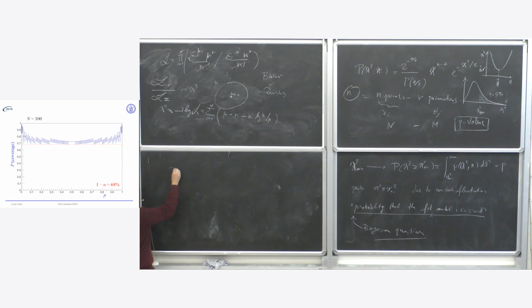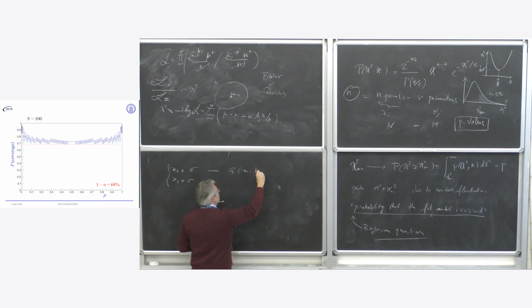Imagine you have x1 plus or minus sigma and x2 plus or minus sigma. We can build a likelihood, which is the product of two Gaussians. If the two are measurements of the same quantity, x1 is distributed according to a Gaussian with parameters mu and sigma, and x2 also is distributed according to a Gaussian with the same mu and sigma.